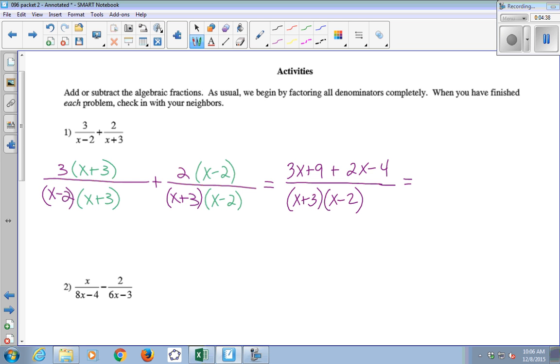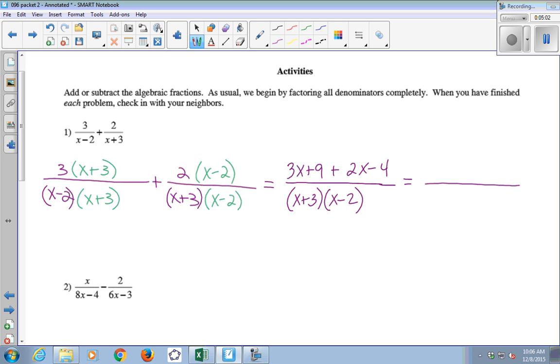Why did I not need to put any parentheses in that numerator's expression? Sometimes I put parentheses and sometimes I don't. It's separated by addition. When they're separated by subtraction, you need to have parentheses because you have to distribute that negative sign. So the next one we'll have to do that, so we'll keep that in mind.